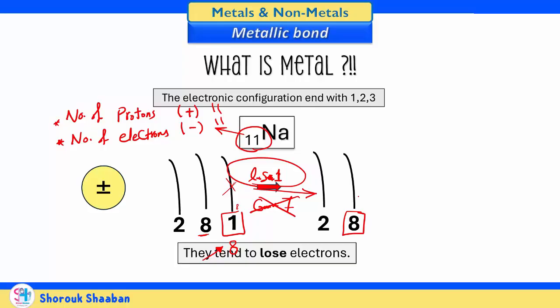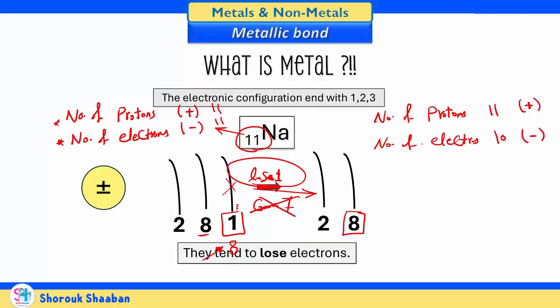The question here, do I still have the number of protons equal 11? Yes, because I didn't play with protons. I didn't lose or gain protons. But I lost one electron. So the number of electrons now is not 11, they are 10, which means the number of positive charges is now greater than the number of negative charges.